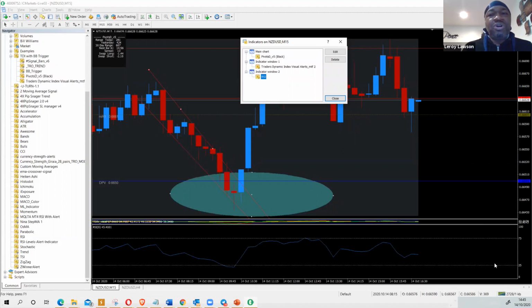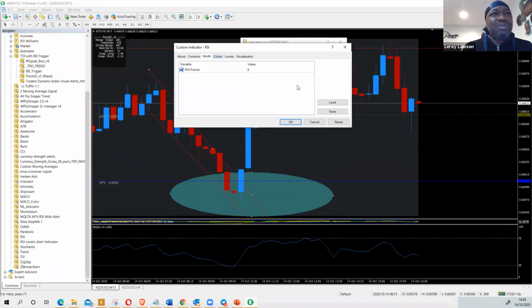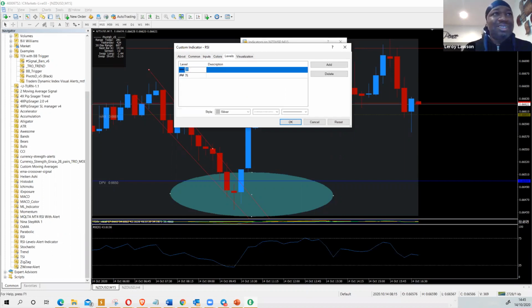I've done 20 before, where you're not going to get as many opportunities if it's really low. The default is 30 and 70. So if I was to change this up and left it at default, that may not even have hit my criteria.